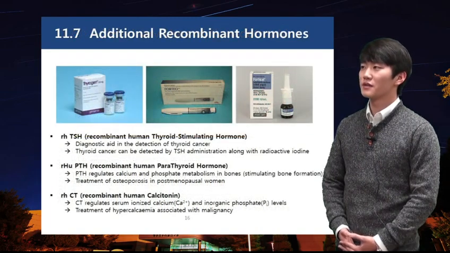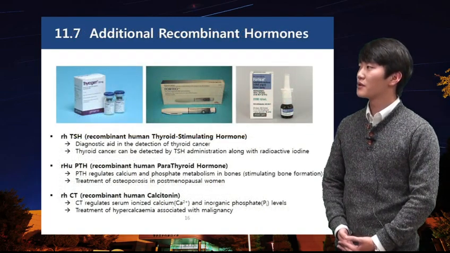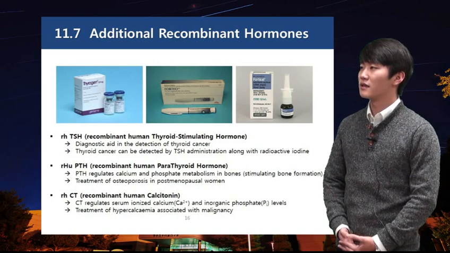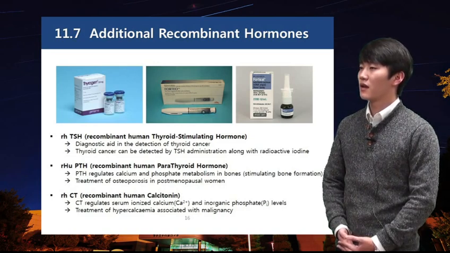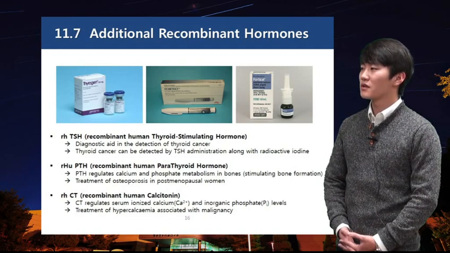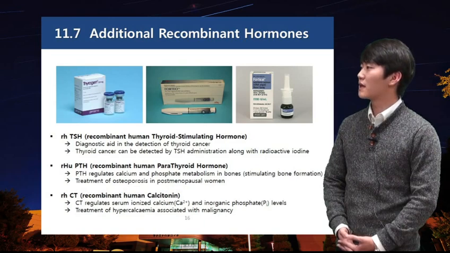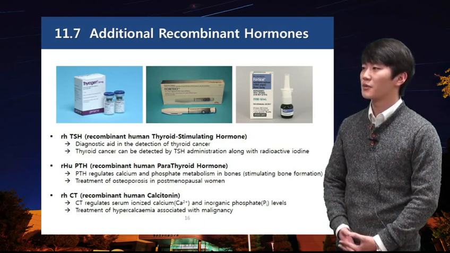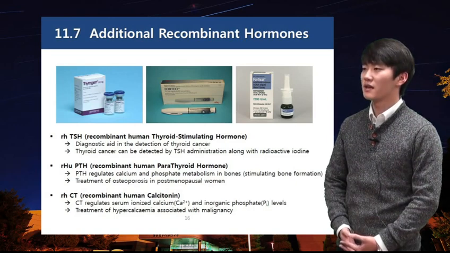For human drugs, 3 additional recombinant hormones have recently gained marketing approval: thyroid-stimulating hormone, parathyroid hormone, and calcitonin. The commercial recombinant TSH product, Thyrogen, is produced in a CHO cell line with plasmid harboring the DNA sequences coding for the alpha and beta TSH subunit.